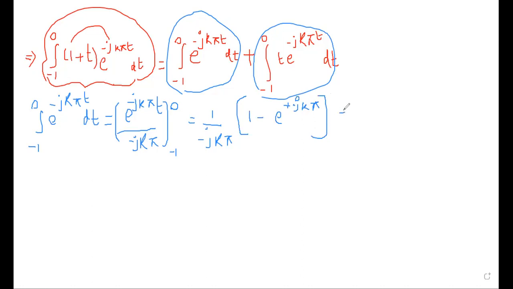Now I want to combine the answers. It is minus 1 the whole divided by jk pi, then minus of e power plus jk pi the whole divided by, minus minus becomes plus here, jk pi.